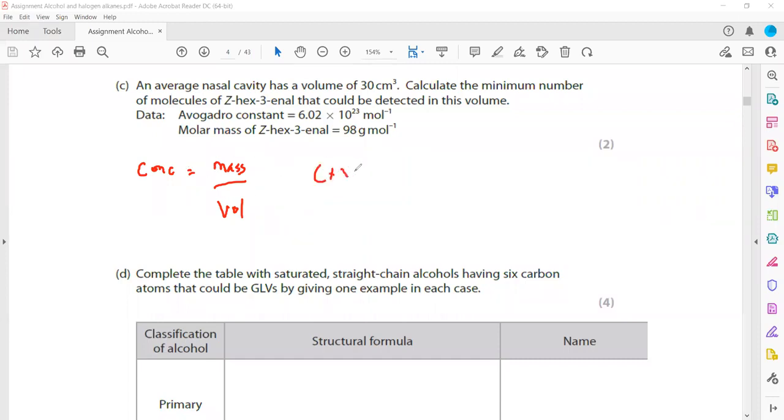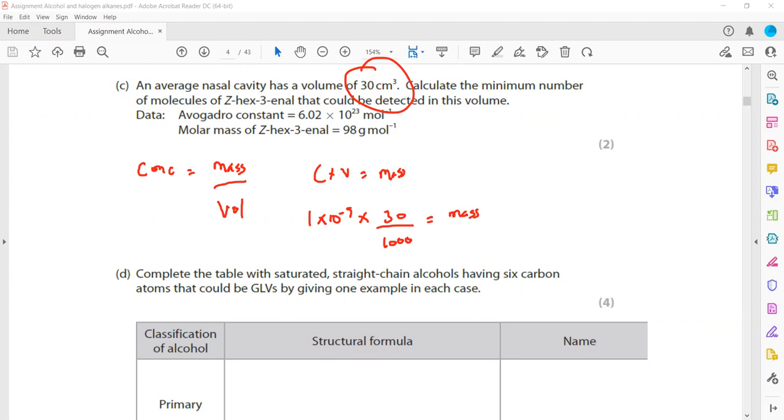So concentration into volume will give us the mass. The concentration given was 1 × 10 to the power minus 9 gram per dm cube, multiplied by the volume in cm cube, so we have to convert into dm cube, so divide by 1000. When we multiply, this will give us the mass of this molecule which is present.